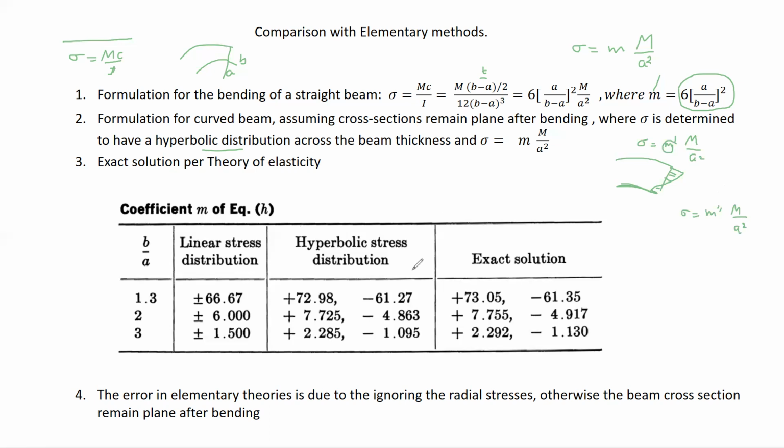And you can see if you compare the linear stress distribution, the straight beam theory, even with the small ratio of b over a equal to unity, there is still a noticeable difference between the linear stress theory and the hyperbolic stress distribution.